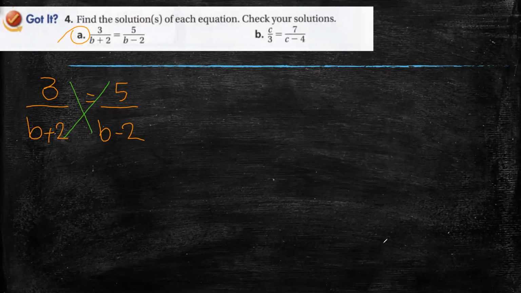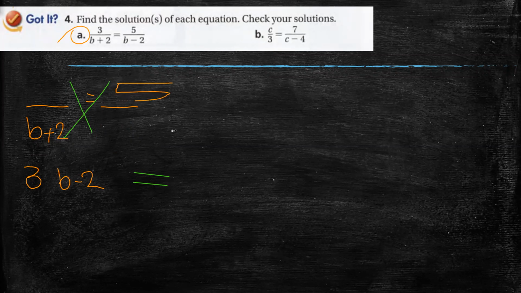The cross product means 3 times b minus 2 must be equal to 5 times b plus 2.